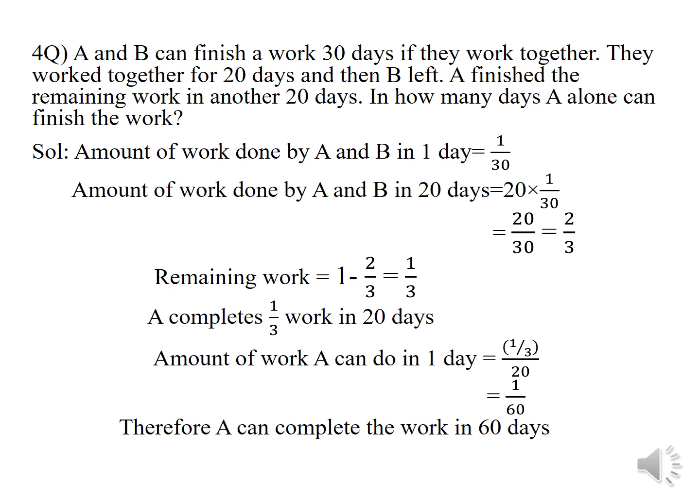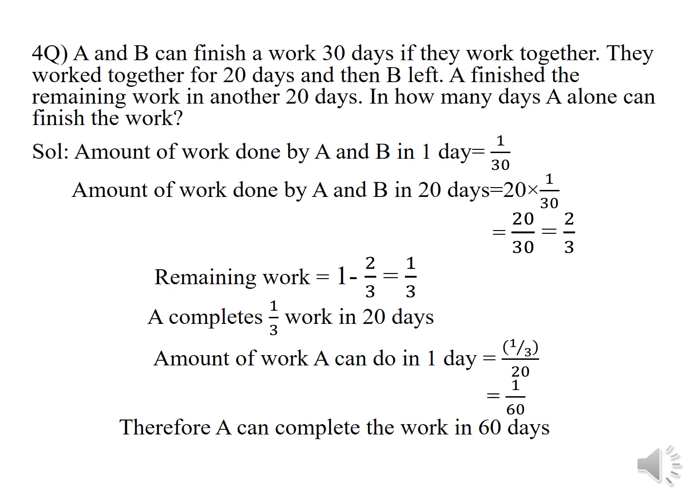So we write the 1 day work for A and B, that is 1 by 30. After getting the 1 day work for A and B, we calculate the 20 days work done by A and B. That means we multiply this 1 day work by 20 days, 20 into 1 by 30. After simplifying 20 by 30, 0 cancels, the leftover part is 2 by 3.